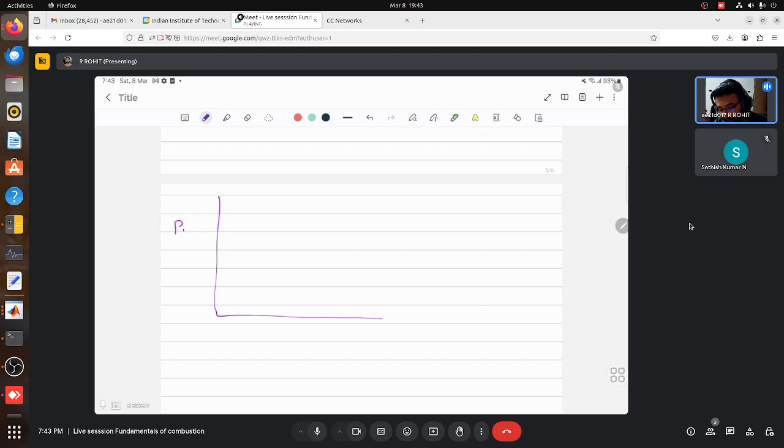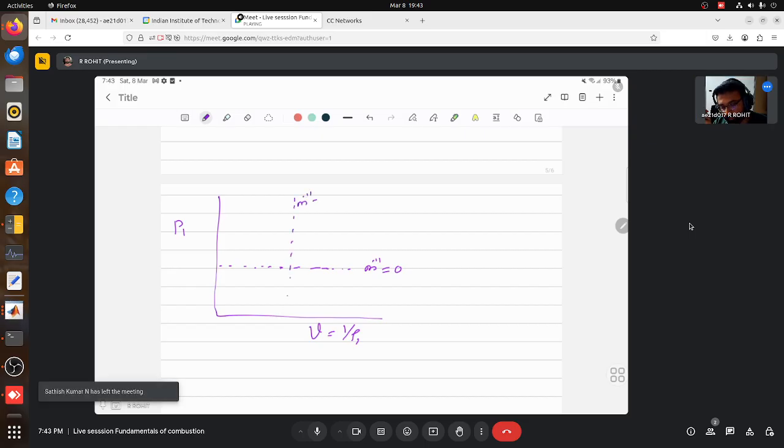So if you have a pressure P1 here, and this is your specific volume, which is 1 by rho 1, for the case where your mass flux is approximately 0, you will get a straight line, whereas you will get a vertical line when your mass flux tends to infinity.